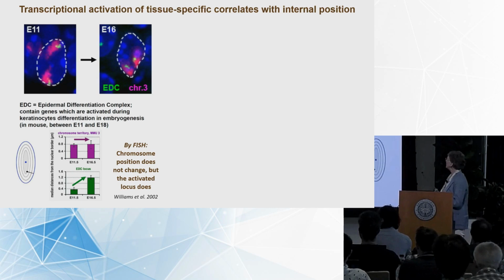And what you see is that at early development, when the cells are not activated to become keratinocytes, they're more at the periphery, and then as you go through this differentiation, you see that they move inside, but the chromosome territory doesn't move. The whole chromosome doesn't move, just the domain. So this was done by FISH, because that's the way people did it back then.